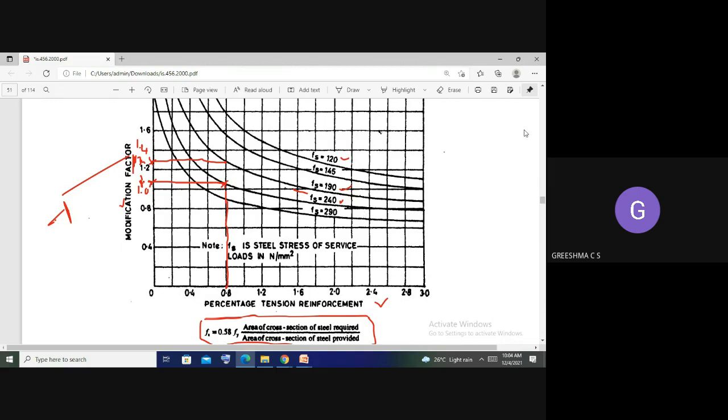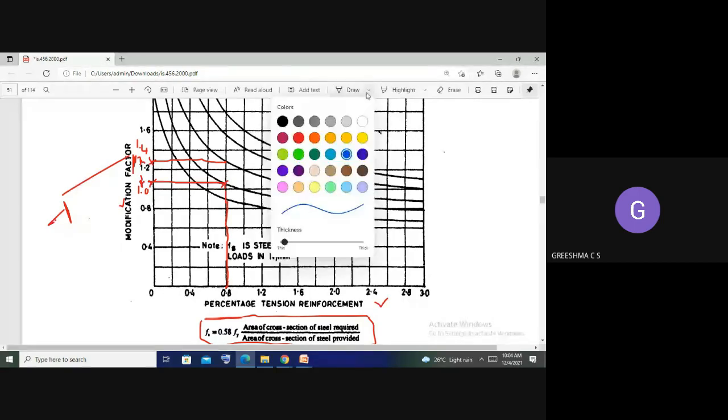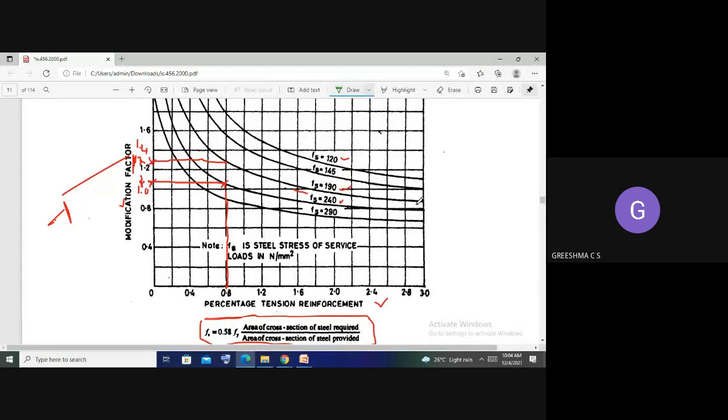So 235 curve എന്ന് പറഞ്ഞു കഴിഞ്ഞാൽ, ഇതാണ് നമ്മുടെ curve. As you see, 190 curve, 240 curve, and 290 curve. So this is the 240 curve. So just above this 240, you will be having the 235 curve.